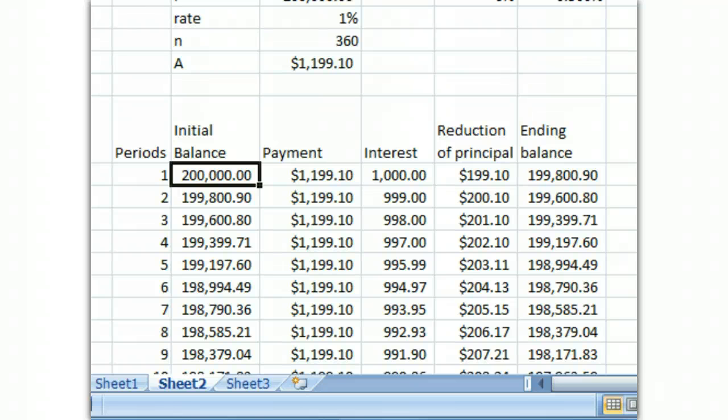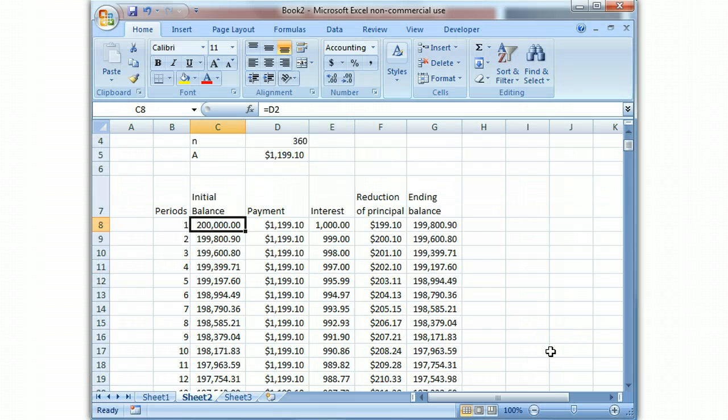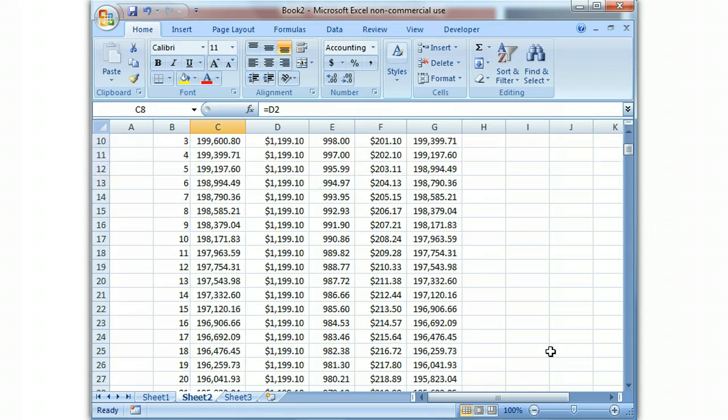And at the end of the second month, you owe $199,600.80. And this process keeps going on, and remember each one of these rows represents a month.